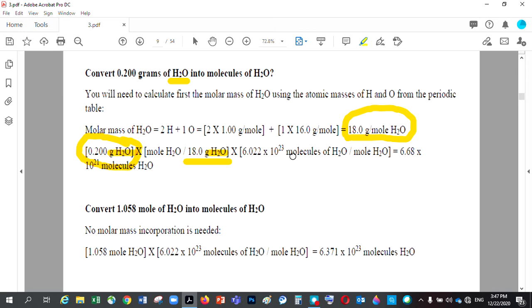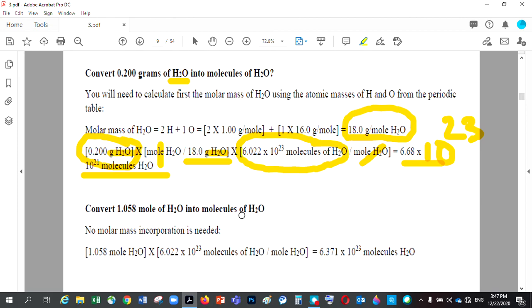And then multiply the whole thing by Avogadro's number. So that the moles cancel out, and then my answer is 6.68 times 10 to the power 23. Here it is at the bottom, written.